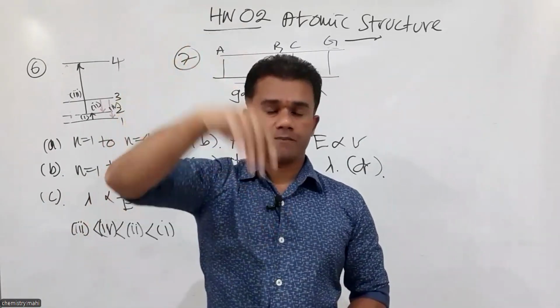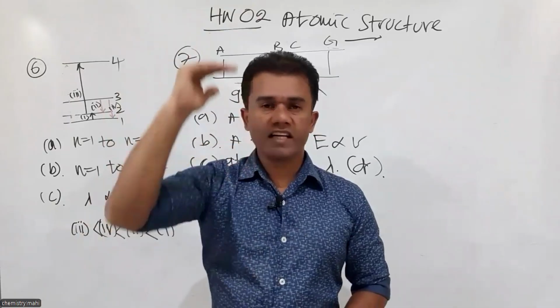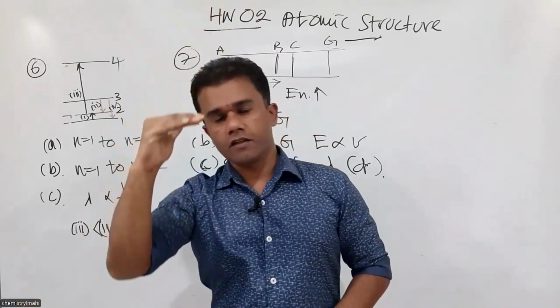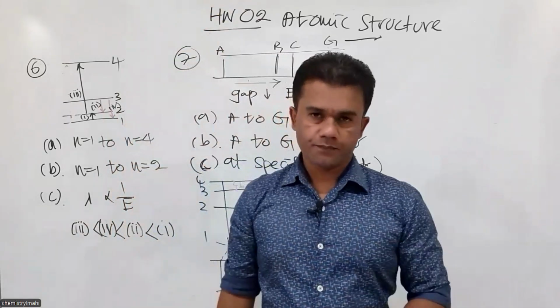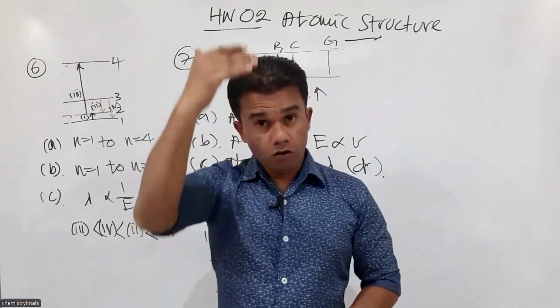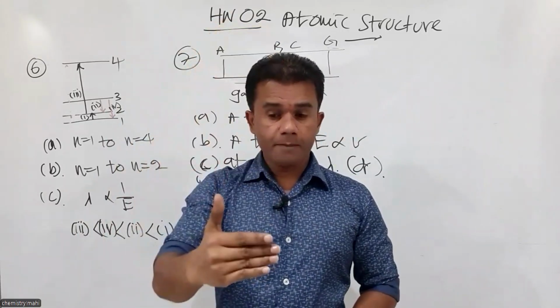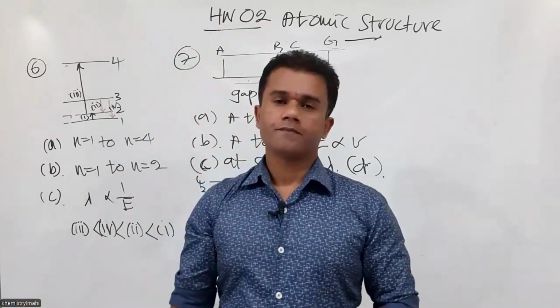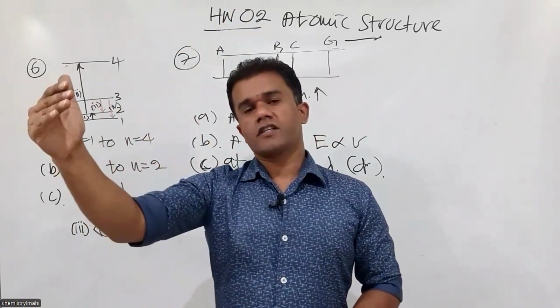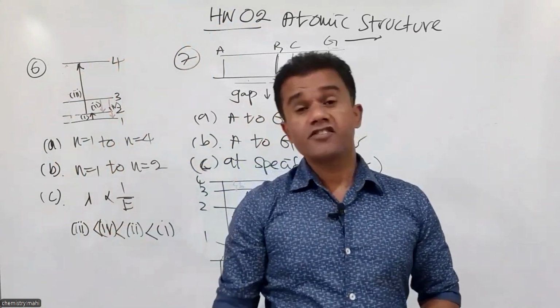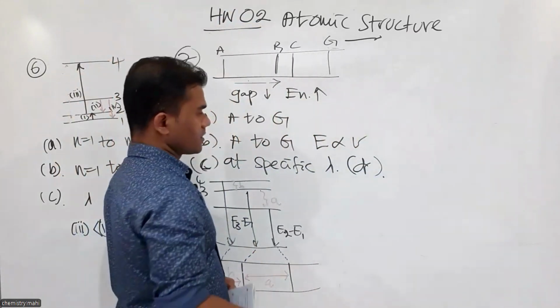The common thing is this one. If it is Lyman, I told you, electrons transition from a high energy level to the first energy level. That's the common thing. All transitions in Lyman end up at the first energy level. All the transitions in Balmer end up at the second energy level. So that's the thing.